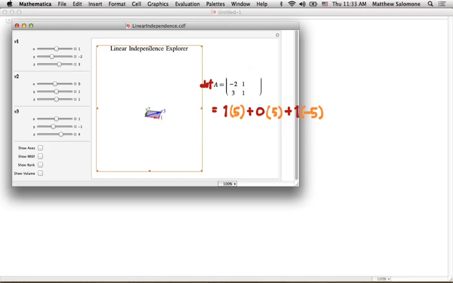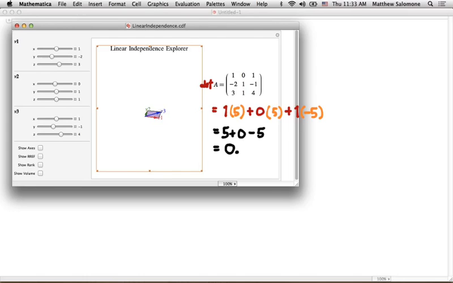And sure enough, we finish this determinant, and what do we get? So this 3 by 3 matrix has a determinant of 0.